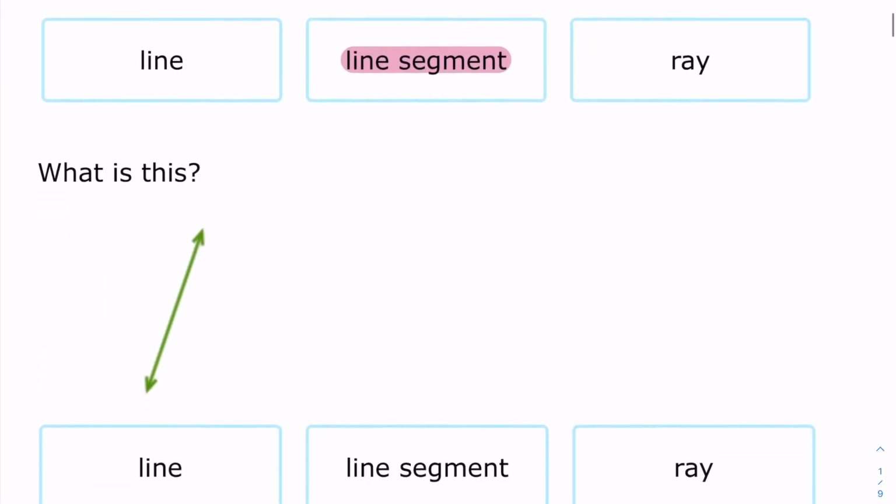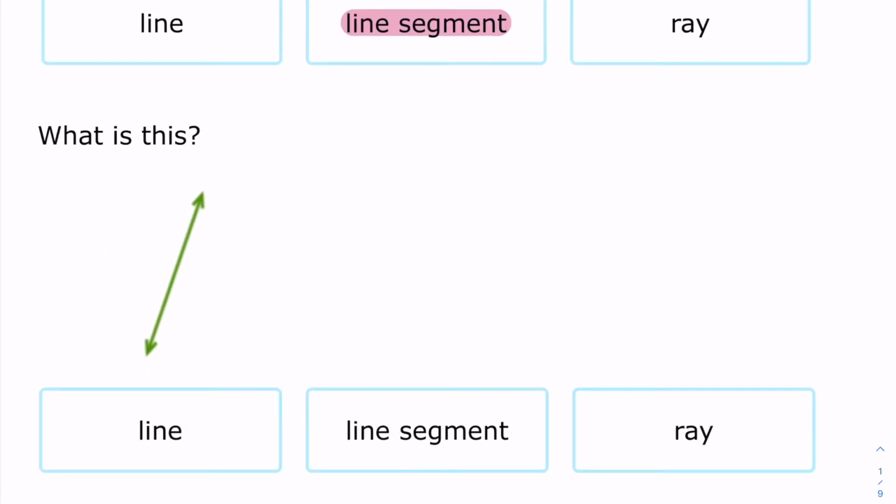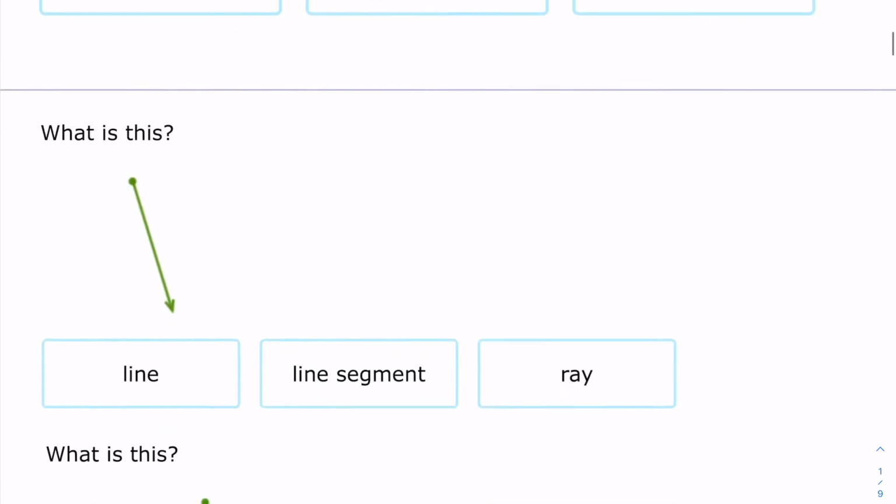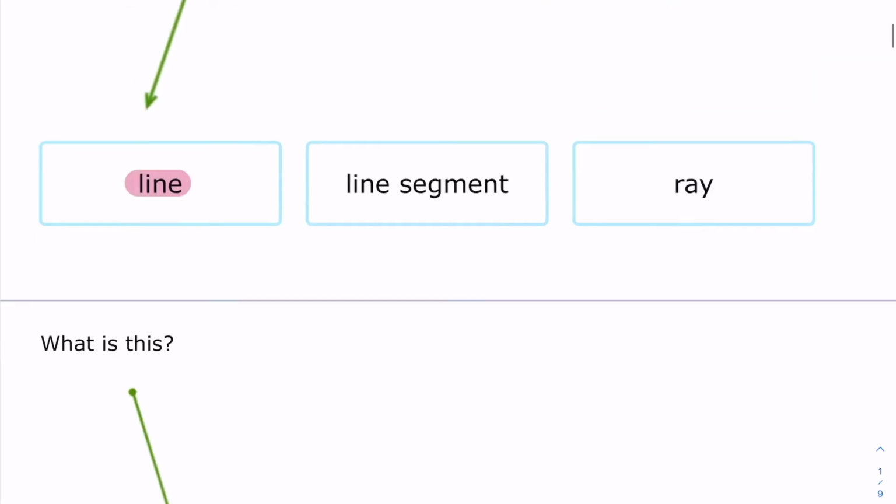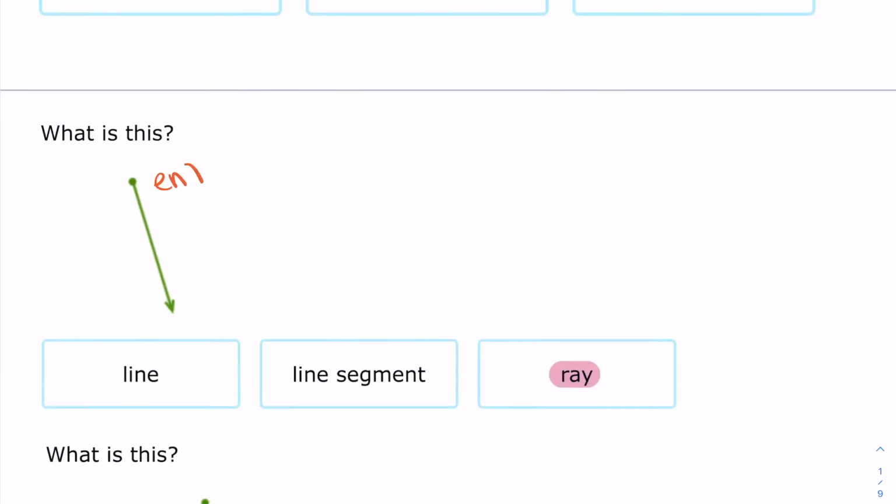Okay. Next one, we get another line because there's no endpoints. Then what is this one? Yep, a ray because we have one endpoint right here.